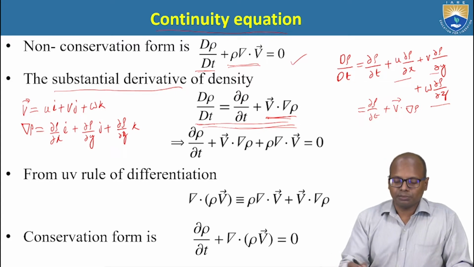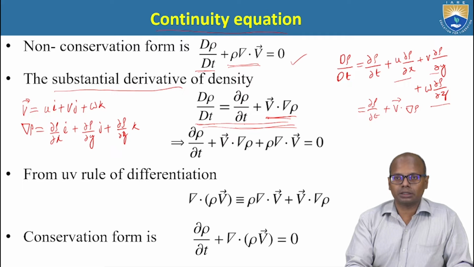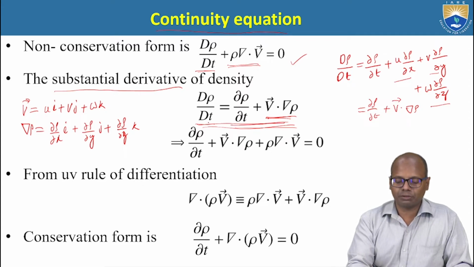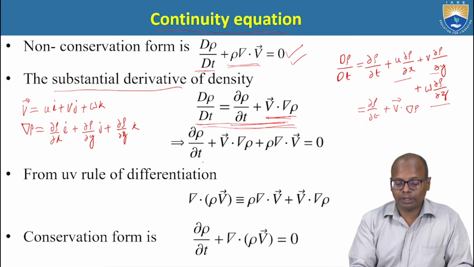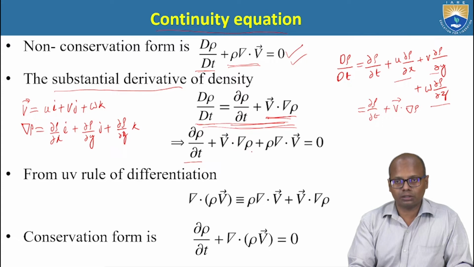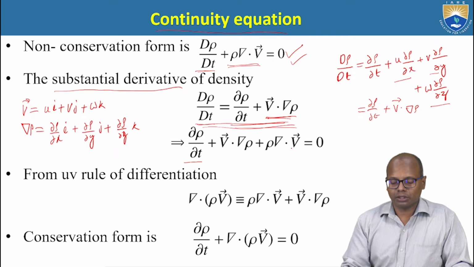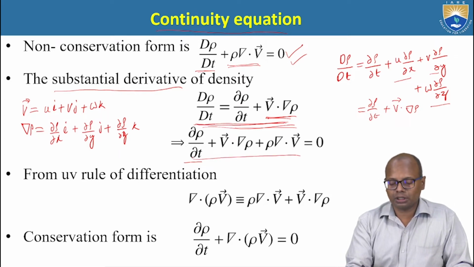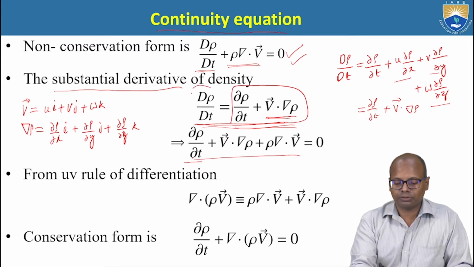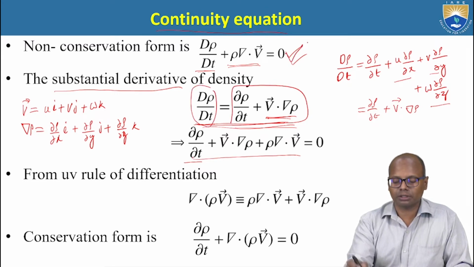If I substitute this value in place of this in the first equation, I will get dou rho by dou t plus v dot del rho plus rho into del dot v bar. This is the equation that we get by substituting.